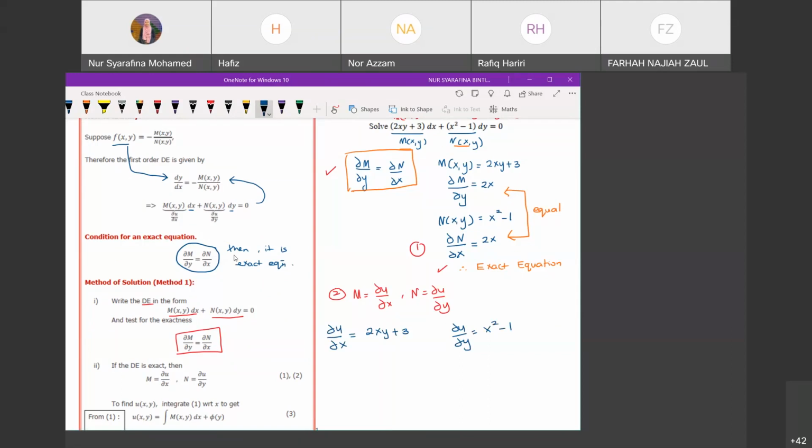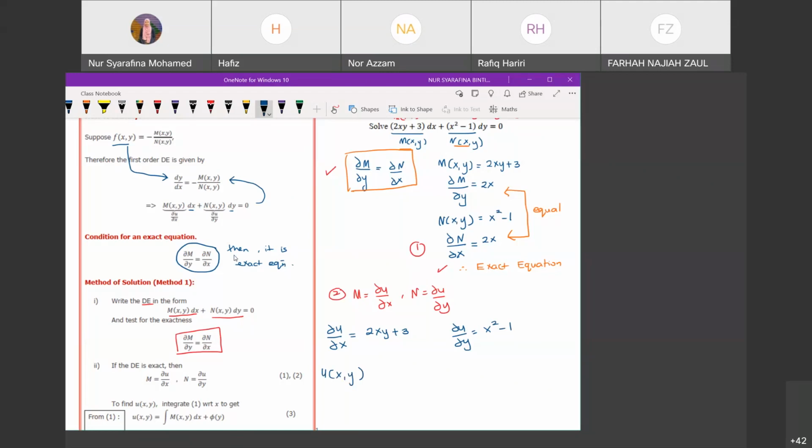Then from here, we can find the solution by integrating this del u, either with respect to x or with respect to y. So for the first method here, you can choose which del u you want to integrate in order to get u(x,y).